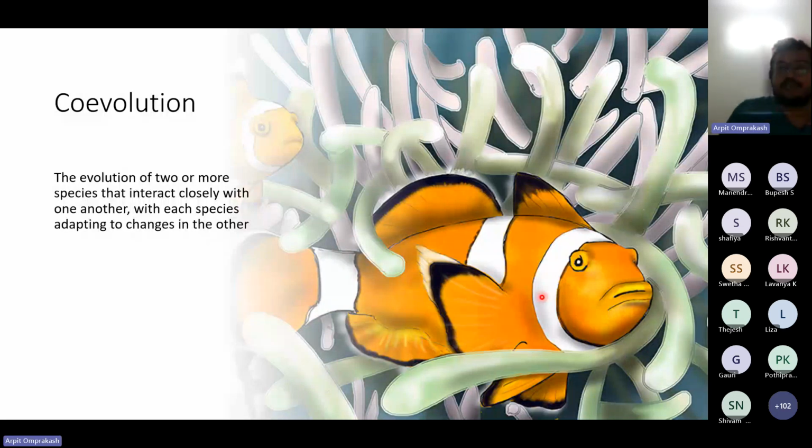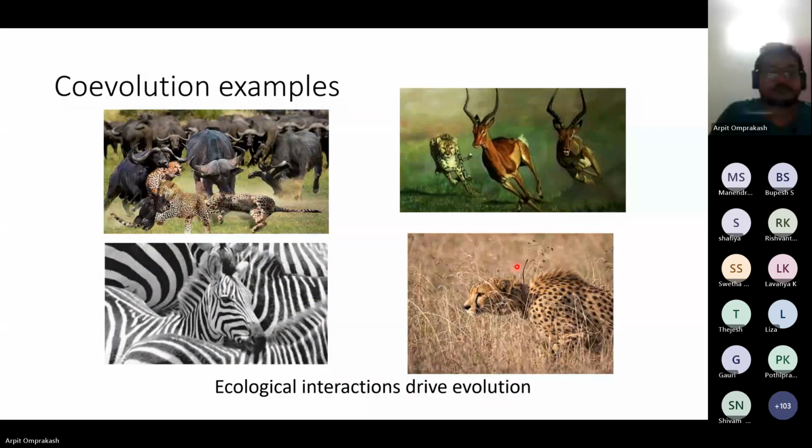Some of the other examples for coevolution are, in Cape buffaloes and cheetah, the coevolution of different features, such as the evolution of horns by the buffalo, which prevents the cheetah from attacking them from the front, and thus the cheetah tries to be more stealthy and attack from behind, or it tries to attack calves instead of larger individuals.